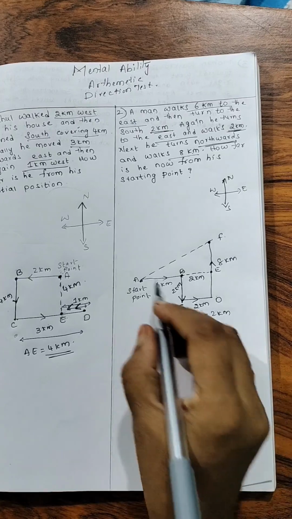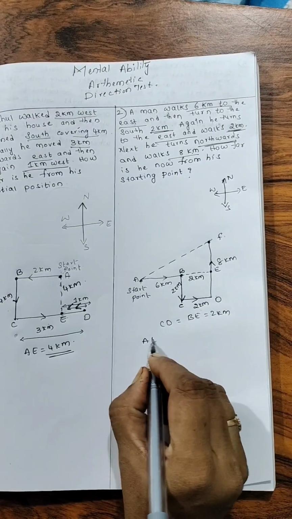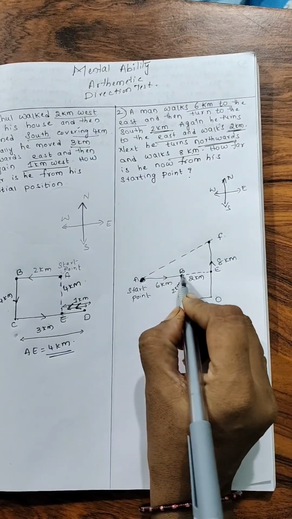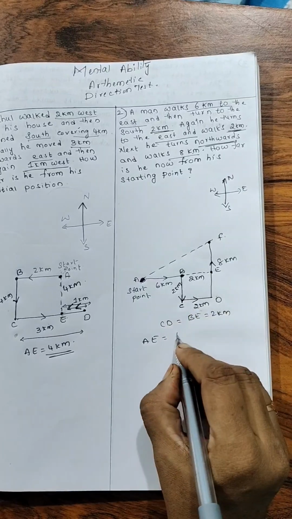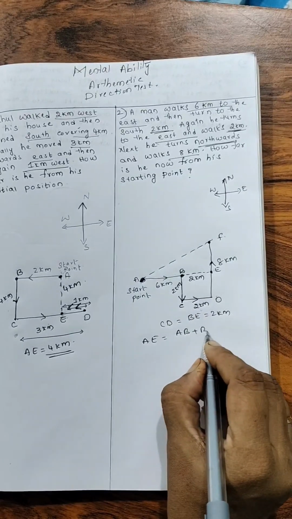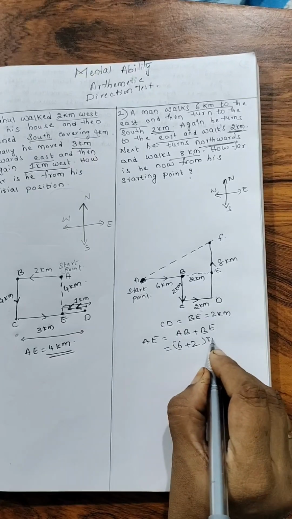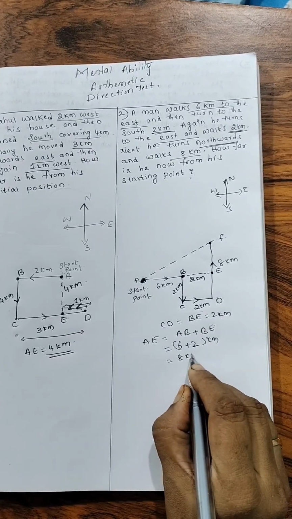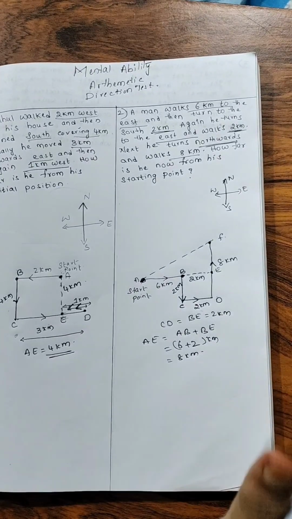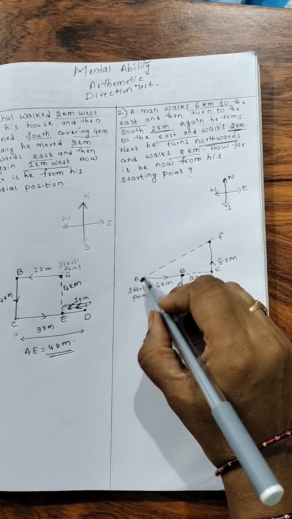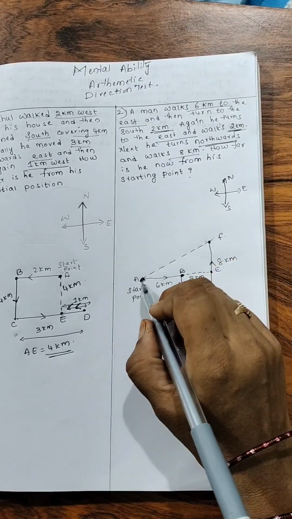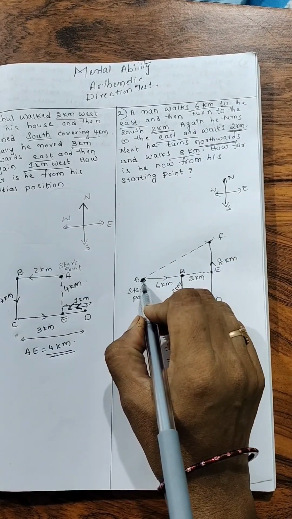Now next, what will be AE? AB plus BE, that is 6 plus 2, equal to 8 kilometers. Now he is asking to find this distance, from F, how far he is from his starting point.